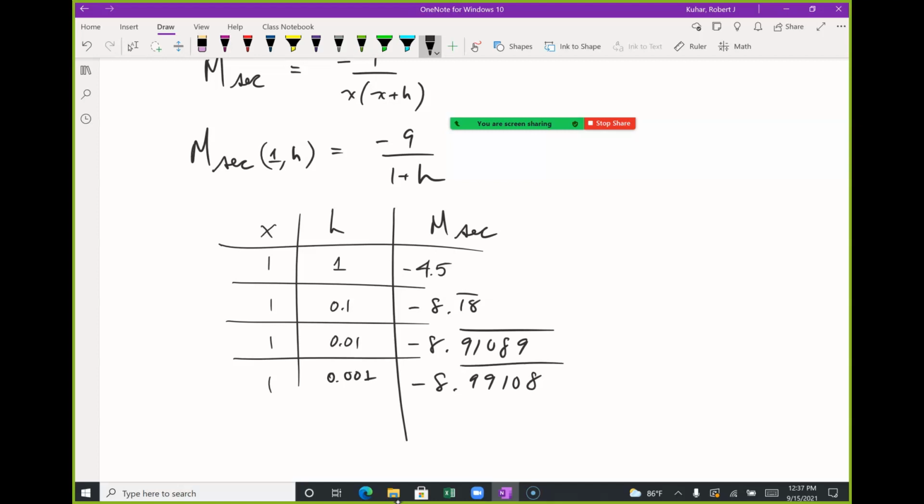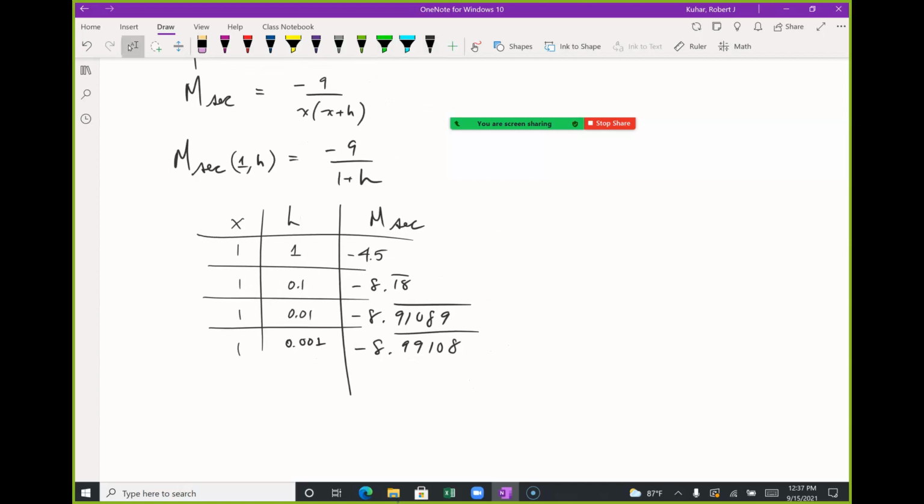And so I can kind of tell where it's going, can't I? I mean, I think you can. You're going to see that it's clearly going to 8.999 and then 8.9999. Who cares what's happening after that? But I can see where it's going. It's going to negative 9, right?